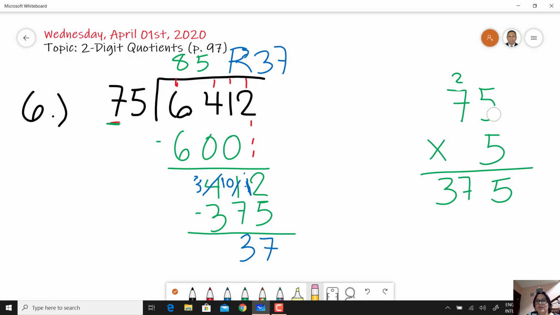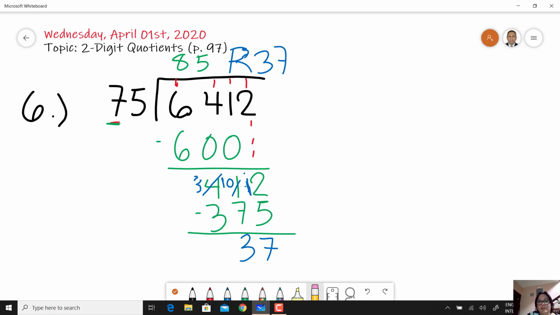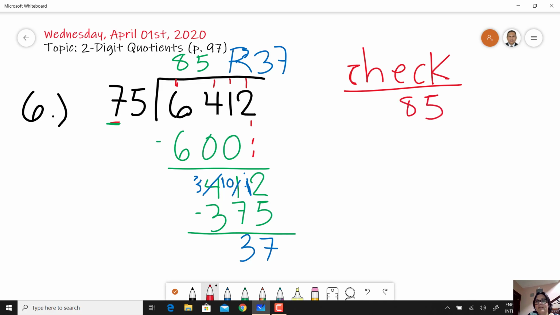Okay, but we have to check because I can make mistakes. So better to check if our division is correct. So we have to multiply 85 times 75, and then we have to add the remainder. 5 times 5, 25, 2 for here. 5 times 8, 40 plus 2, 42.